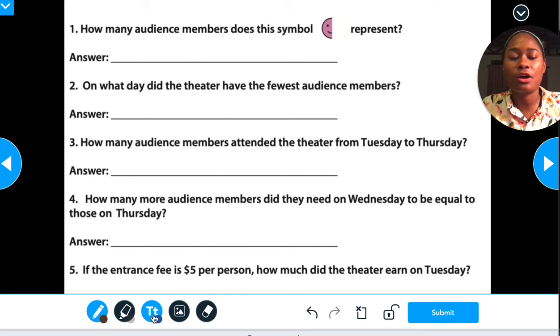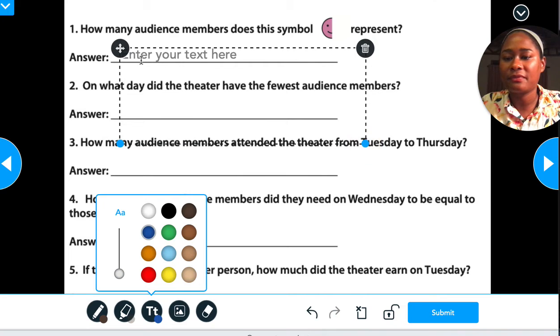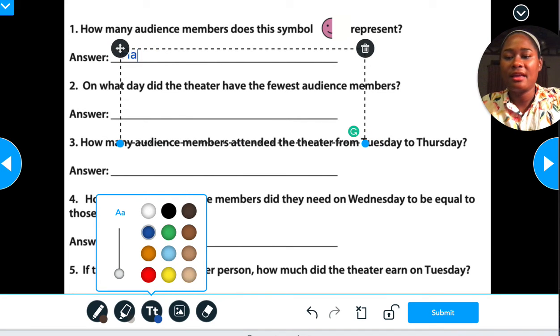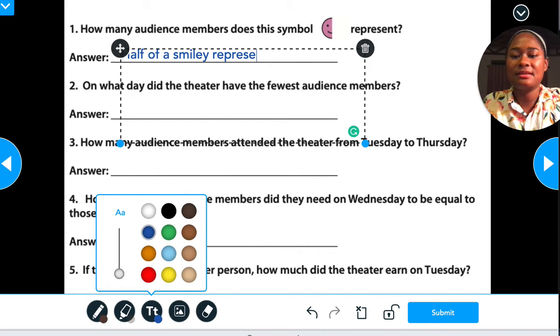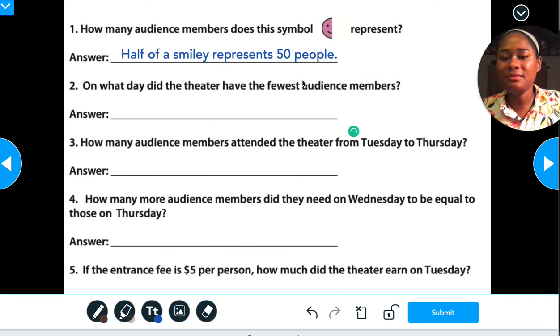Well, half of 100 is 50, so I'll go ahead and write my answer here. Half of a smiley represents 50 people. All right, so that one's super easy.